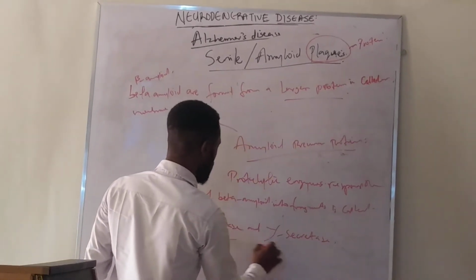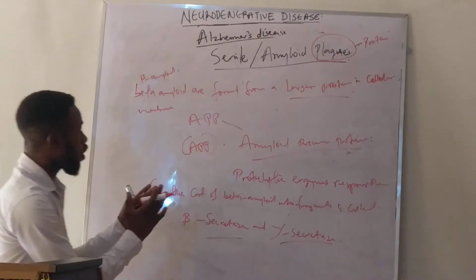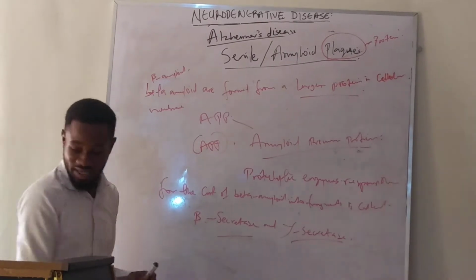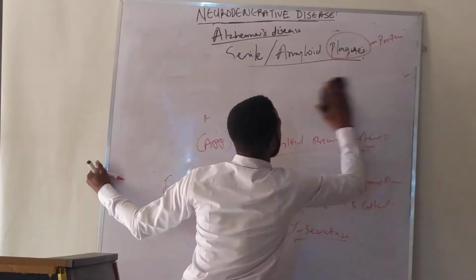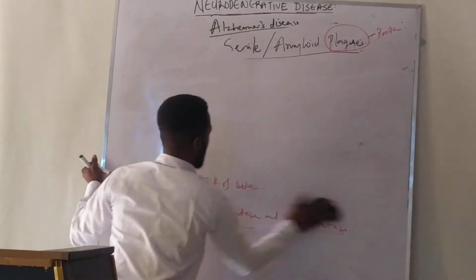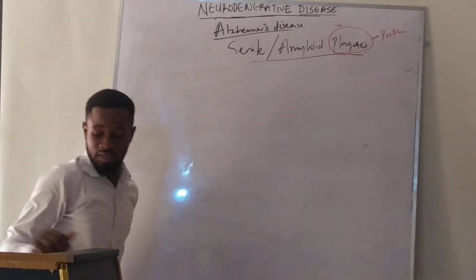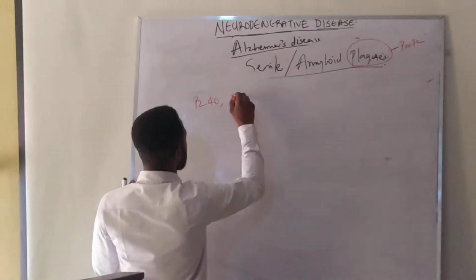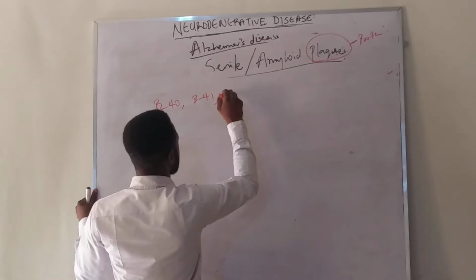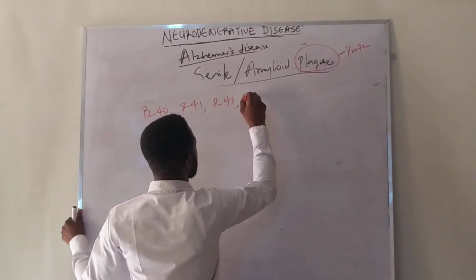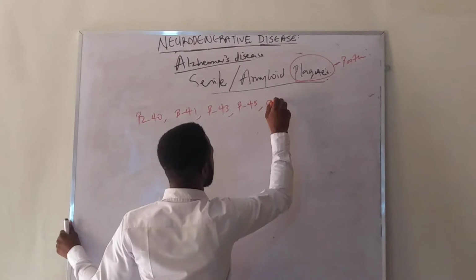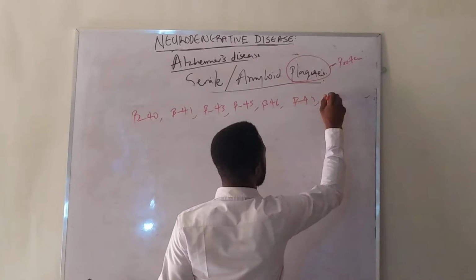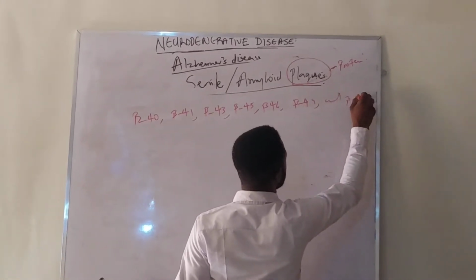So these cut beta amyloids into fragments, and the fragments are beta 40, beta 41, beta 43, beta 45, beta 46, beta 49, and beta 50.